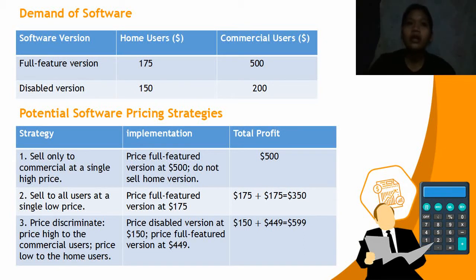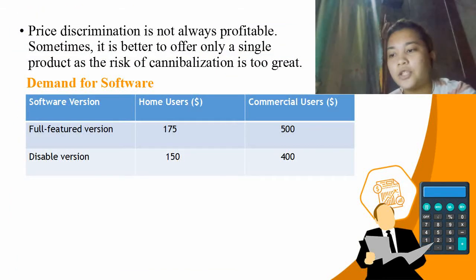And note, if we tried to charge commercial users $500 for the full feature version, none of them would buy it, because consumers will buy the version of the software that gives more consumer surplus, or value minus price. Price discrimination is not always profitable. Sometimes it is better to offer only a single product as the risk of cannibalization is too great.